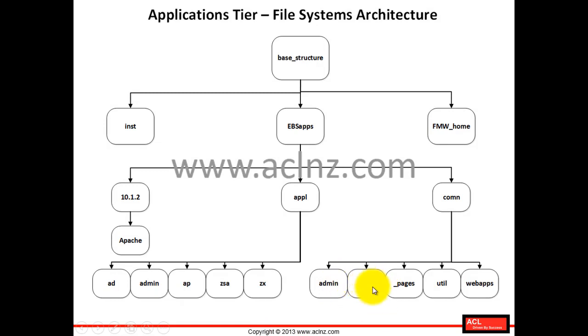The second important directory out here is the Java directory. In terms of the environment variable in the server, this directory is also called $JAVA_TOP. As I said, this directory is called COMMON_TOP, and this directory is called JAVA_TOP. So what does it really contain?